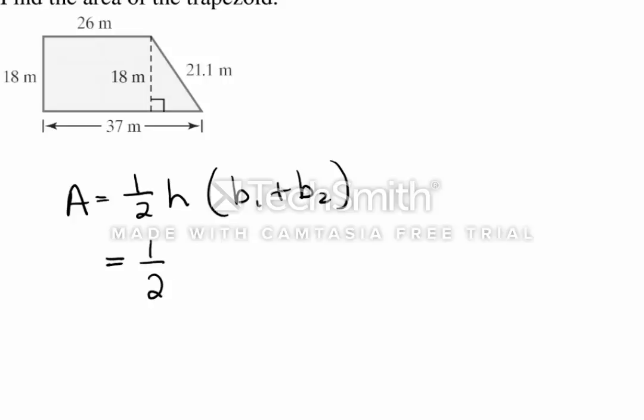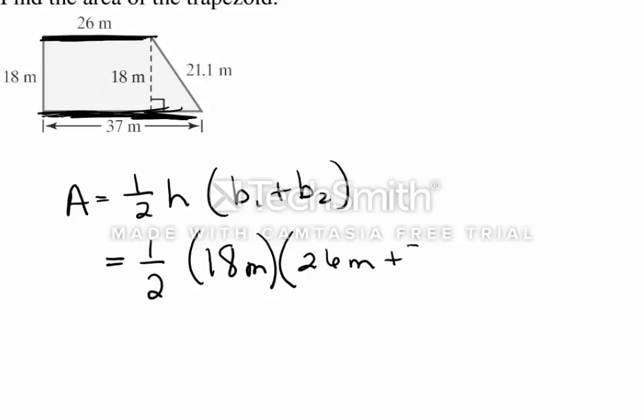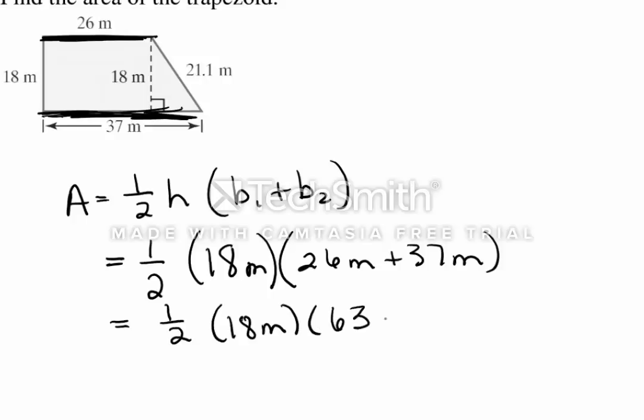So we'll have 1/2 a height of 18 meters, base 1 plus base 2, so those are the parallel sides, 26 meters plus 37 meters, which would be 1/2 18 meters times 63 meters, which is 567 square meters.